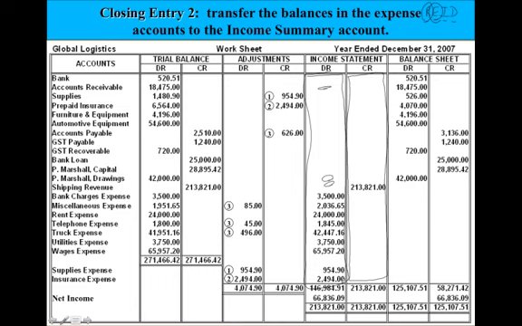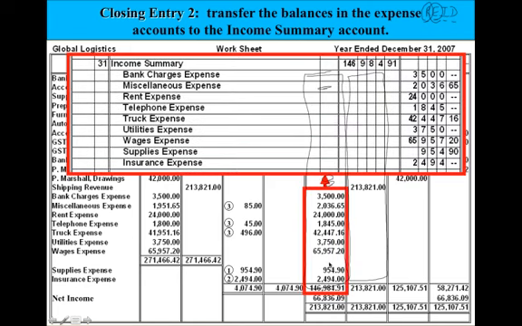You're going to close them all in one big journal entry. So you're going to take every number in here and you're going to credit it. But your debit amount is going to be your income summary, and you're going to get that from the total down here at the bottom. So the $146,984.91 is debited right there, and then each one of these individually is listed on that journal paper. Remember to indent your credits.